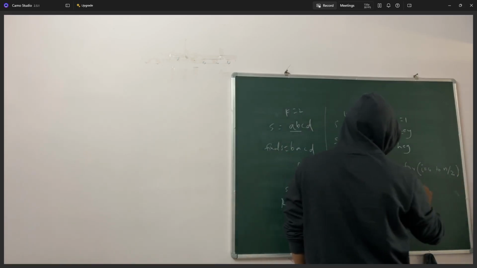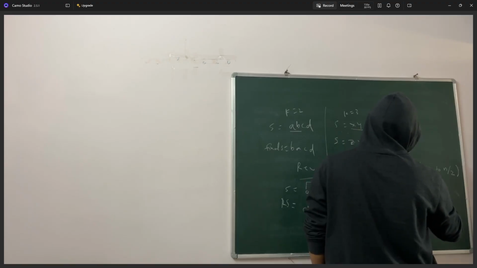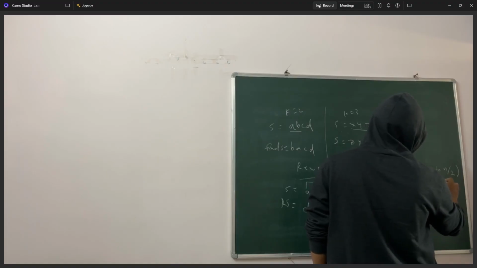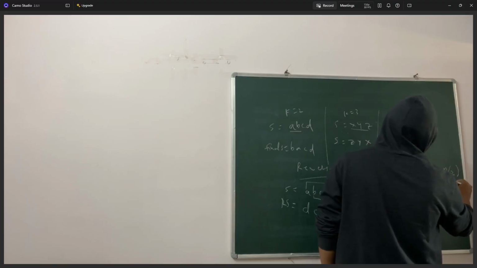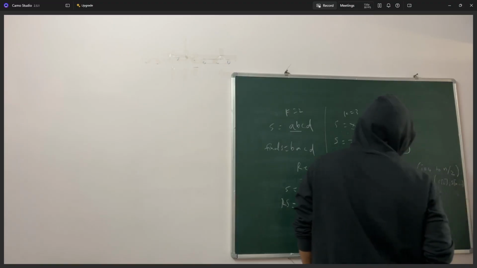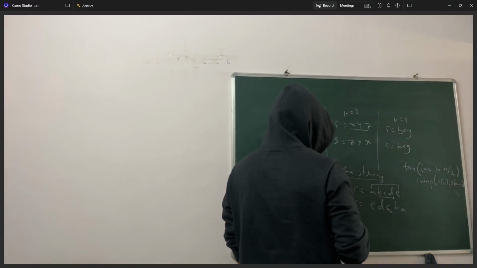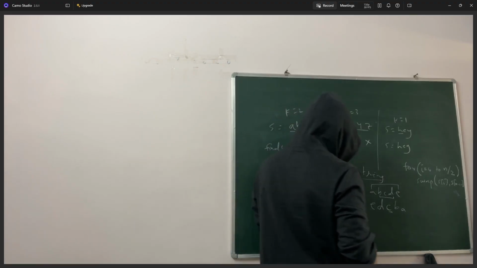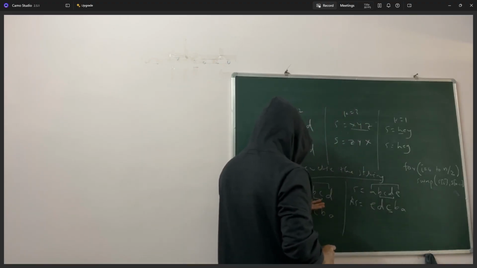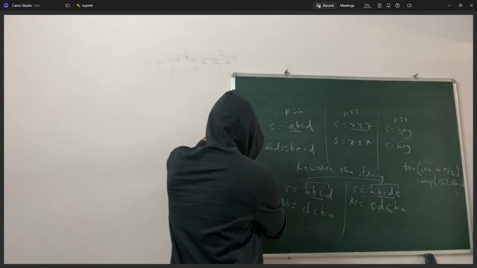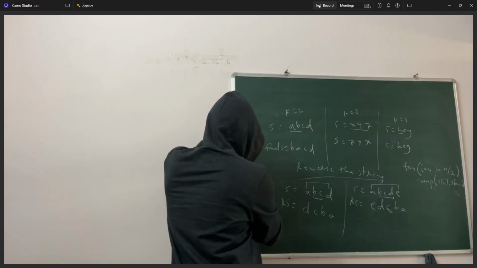And what we'll do is we'll swap s of i with s of n minus 1 minus i. If you see this string, it has length 4. n is 4, so you need to go from 0 to n by 2, which is 2.